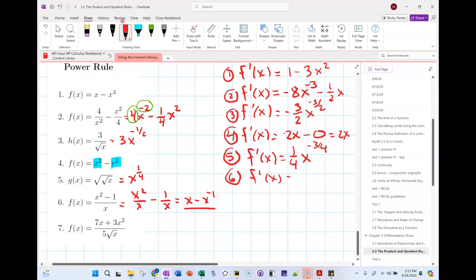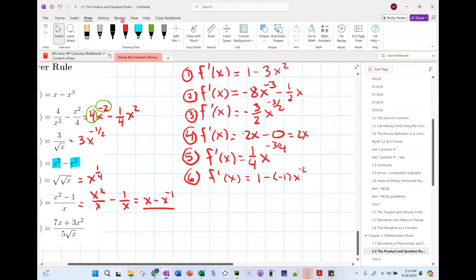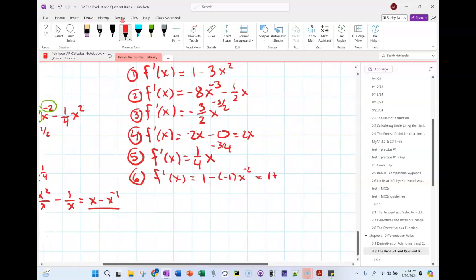Okay, do you know the derivative of x? 1 is correct. Do you know the derivative of x to the negative 1? Negative 1 x to the, we're subtracting from the exponent, negative 2. Or just 1 plus x to the negative 2.